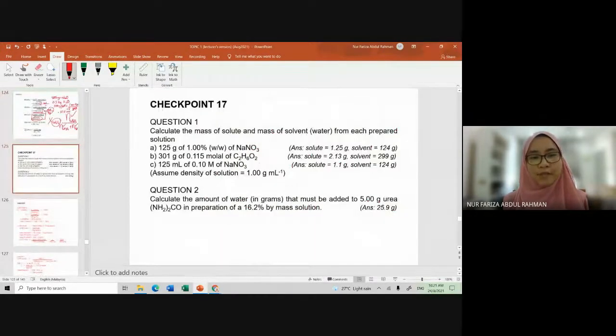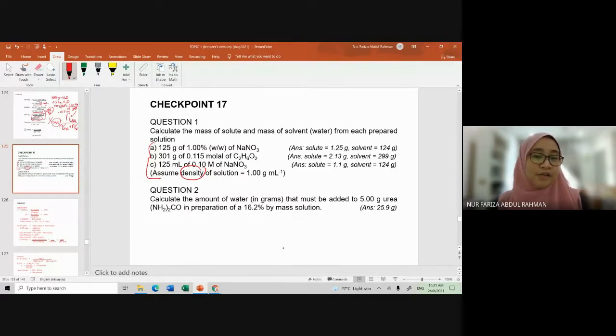The checkpoint can be quite tricky, especially when it involves molarity and molality and density. We need density to give us extra information.